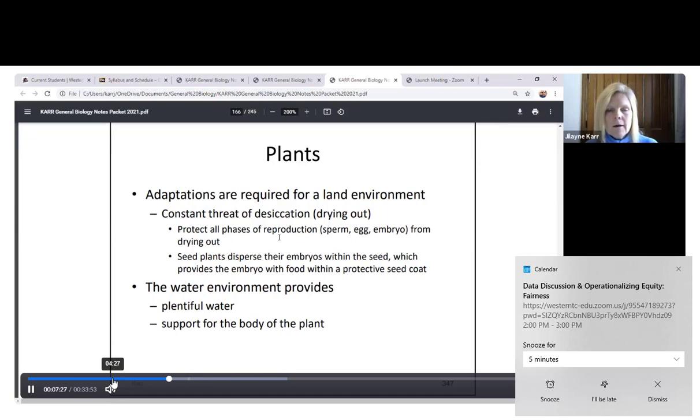So anyway, that threat of drying out is a problem, but they have protections because of that, like the seeds that are dispersed by the wind are protected by a seed coat, a hard protein-covered coat to prevent the contents of that seed from drying out.